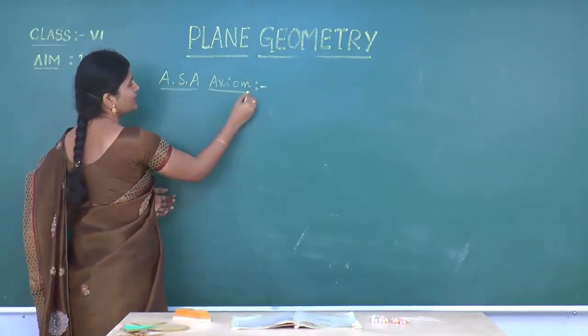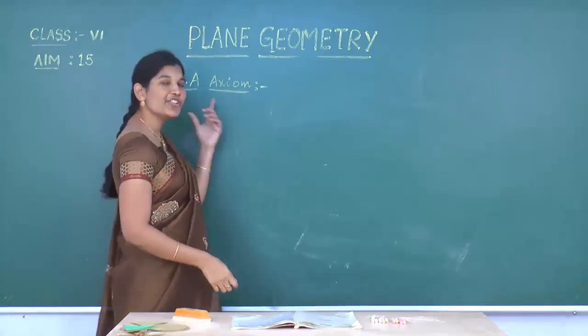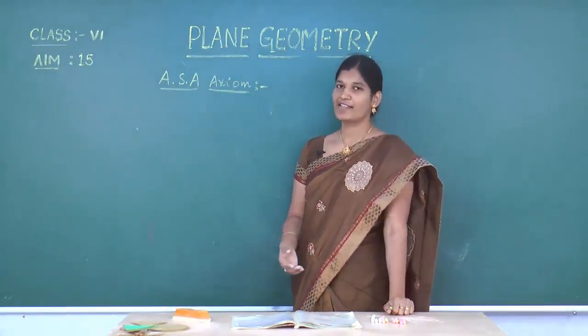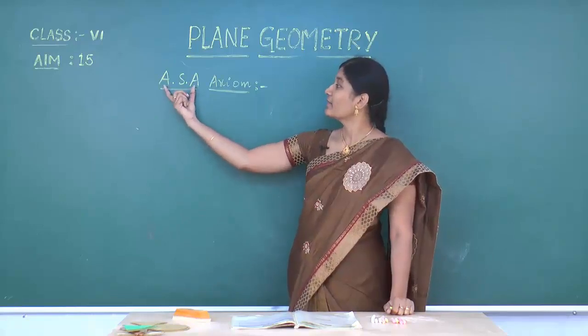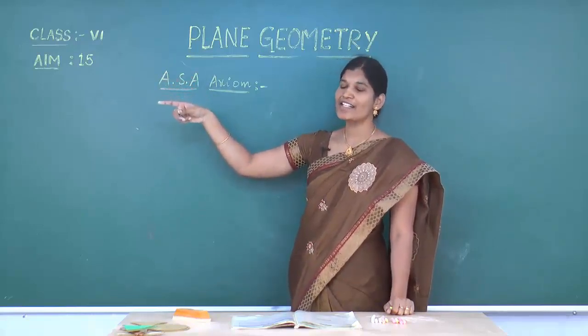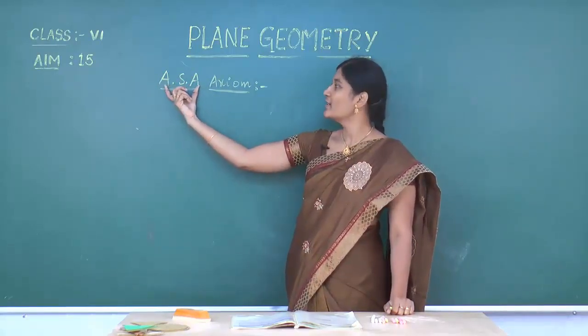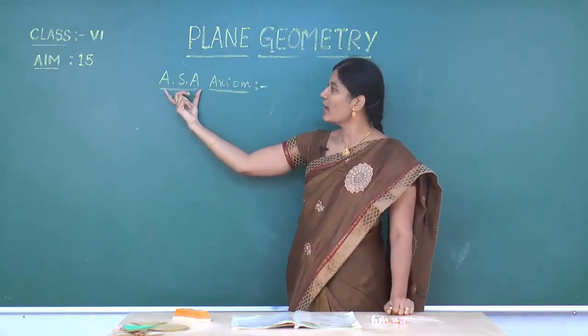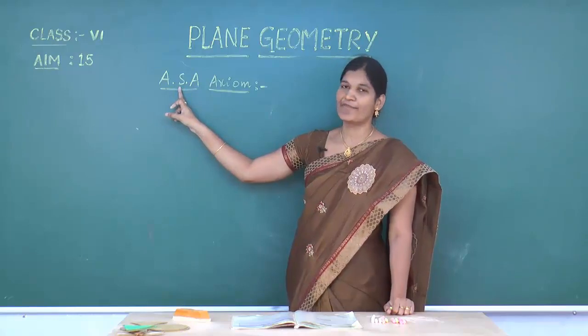ASA axiom: in the name itself it has a meaning. See, like the previous axiom, where there are two sides and one included angle, here A stands for angle, S stands for side. Here there will be two angles and an included side.